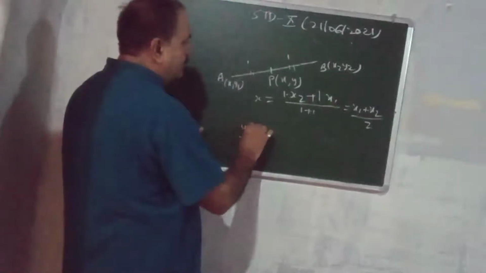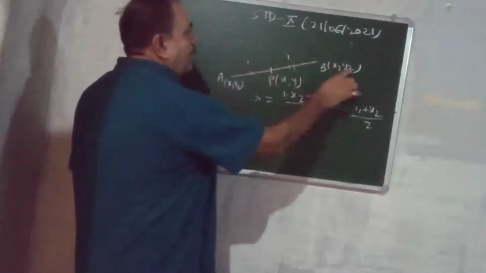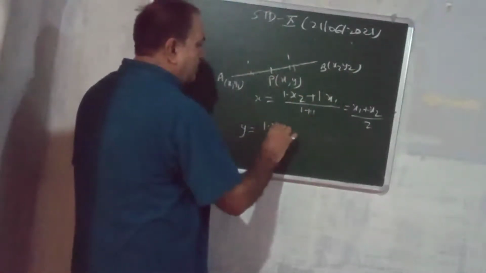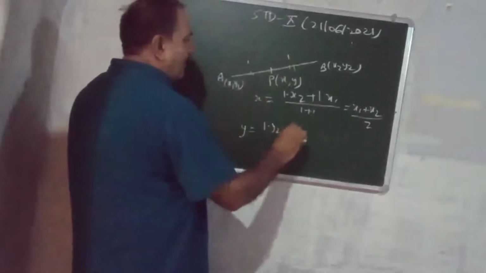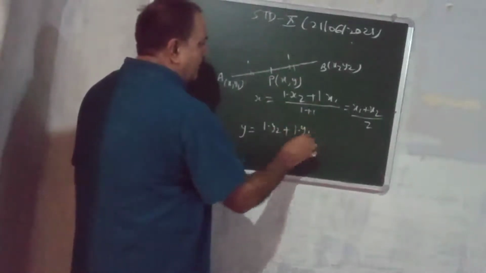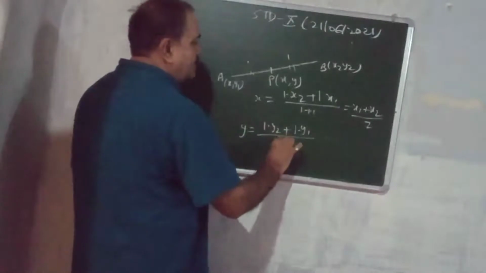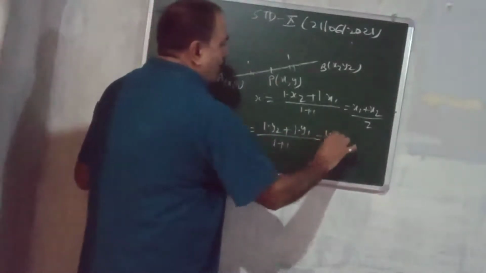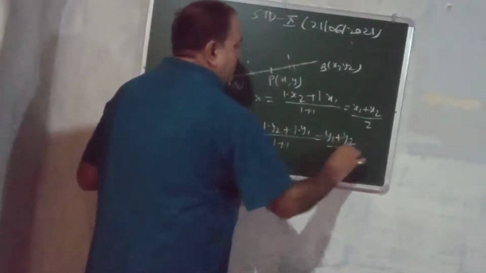For the y coordinate, 1 into y2 plus 1 into y1 by 1 plus 1, that is y1 plus y2 by 2.